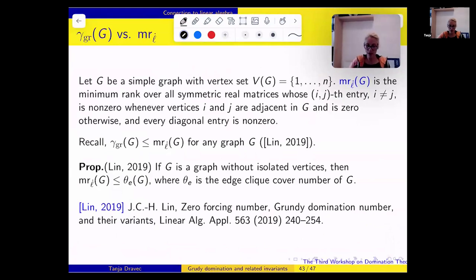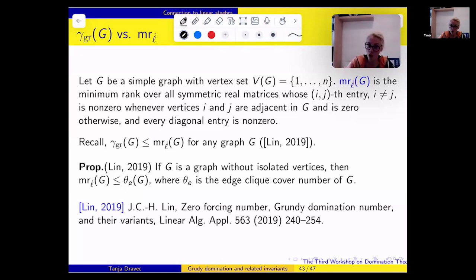For example, we can define loop minimum rank, which is similar to the earlier definition. The difference is just that we put a restriction on the diagonal entries: we want all diagonal elements to be non-zero. And then Lin proved that the Grundy domination number is a lower bound for such a loop minimum rank.